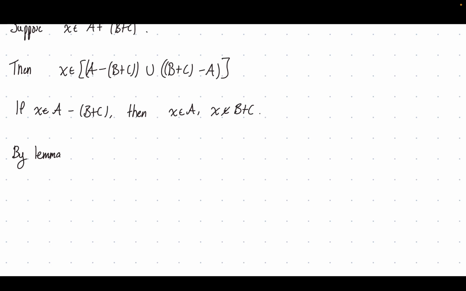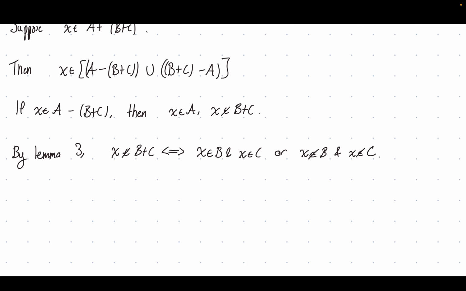Okay, by lemma 3, X is not in B plus C if and only if X is in B and X is in C, or X is not in B and X is not in C. Okay, good.